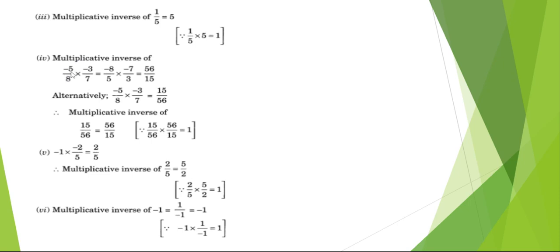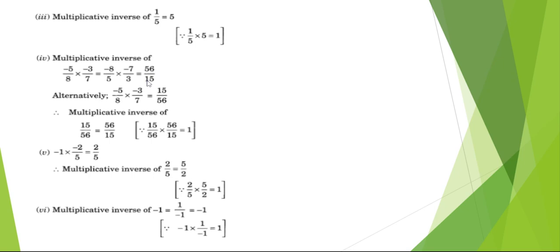Suppose it was minus 5 by 8, so its multiplicative inverse would be minus 8 by 5. Why? Because minus sign always remains in the numerator. Minus 3 by 7 similarly will have the multiplicative inverse as minus 7 by 3. And if you multiply these two, you'll get 56 by 15.